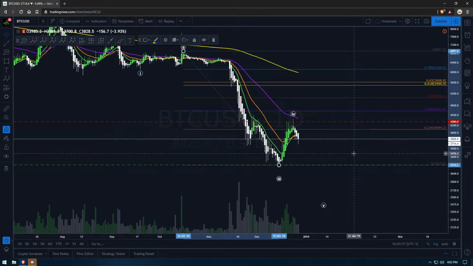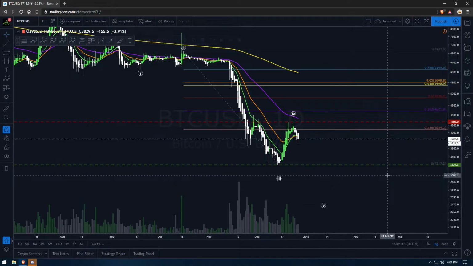So, sure enough, it didn't quite hit 38.2, and it didn't exactly land on 23.6, but we're in this range here. That's our wave 4, between 23.6 and 38.2%. Bam, nailed it. It's right in the middle here, right at our resistance line. This obviously I got from price action.